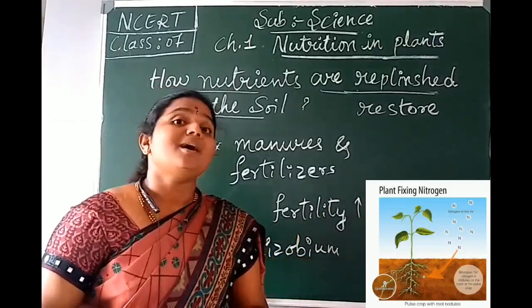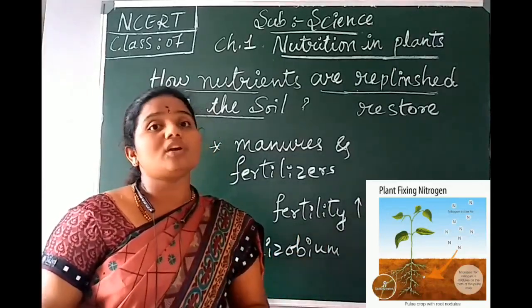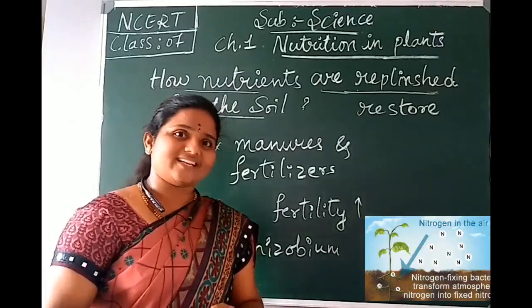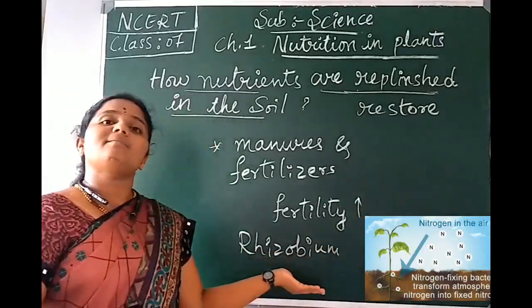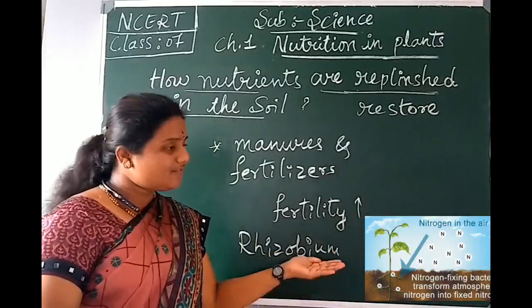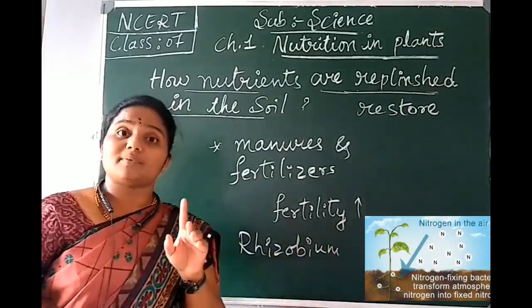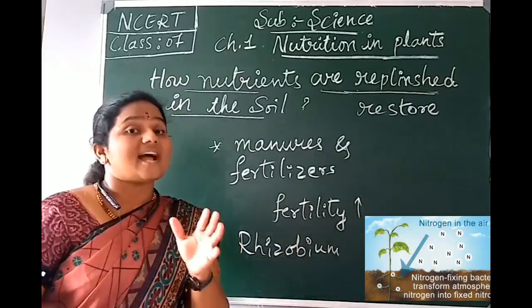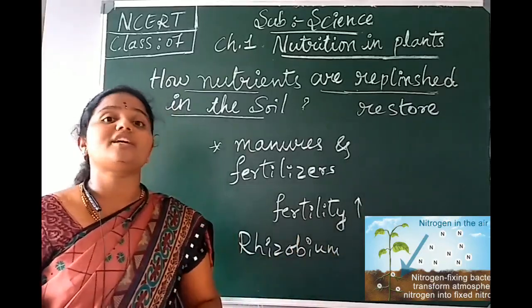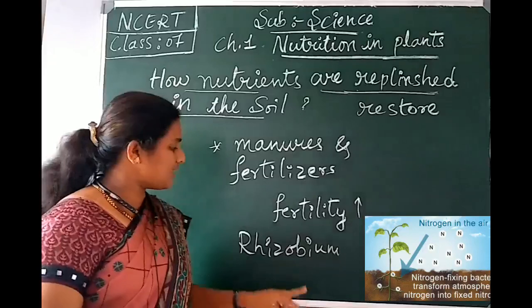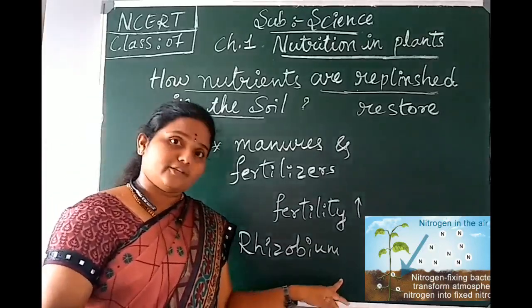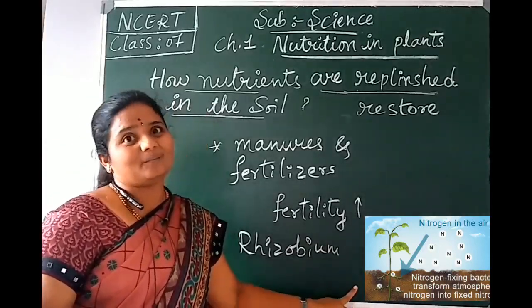You know, children, plants can absorb only soluble nitrogen, isn't it? So the rhizobium bacteria, what will it do? It will convert the gaseous nitrogen present in the air into soluble nitrogen with the help of rhizobium bacteria. Understand?